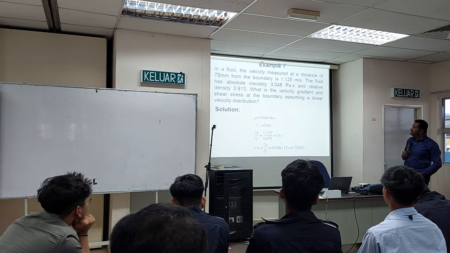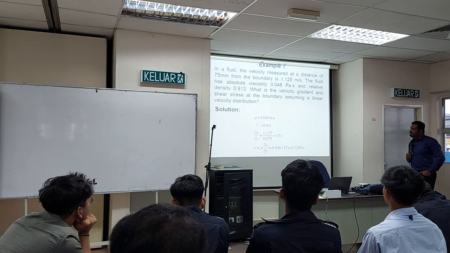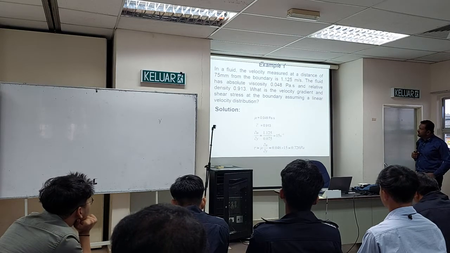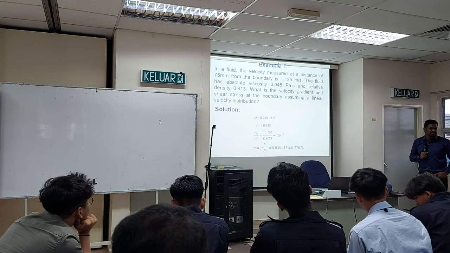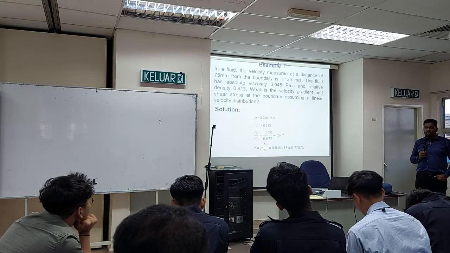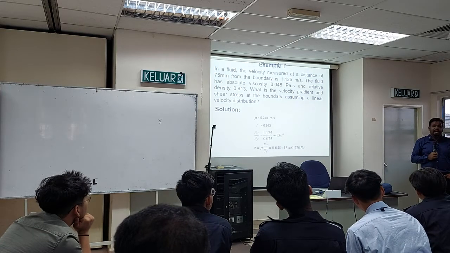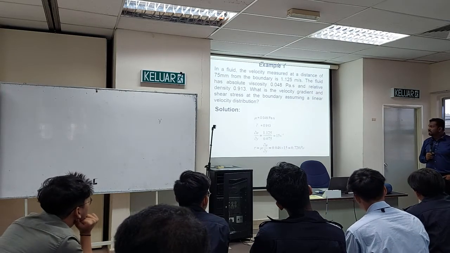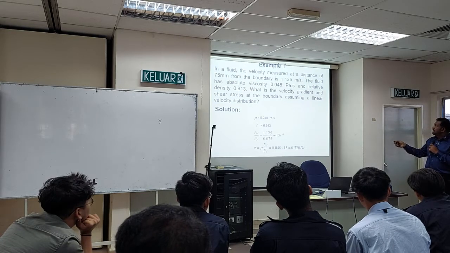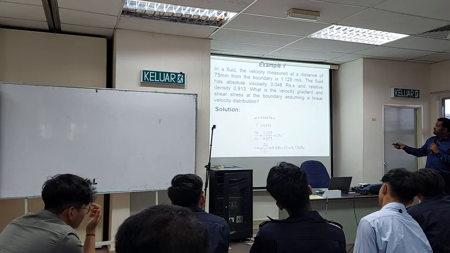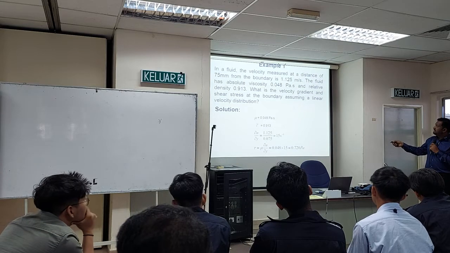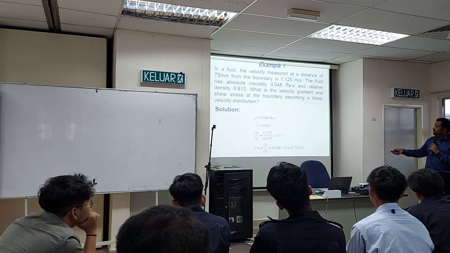What is the velocity gradient and the shear stress at the boundary assuming a linear velocity distribution? Okay, so first thing, when you receive this kind of question, write the information. Macam information ni, so velocity is, okay, velocity mana velocity ni?